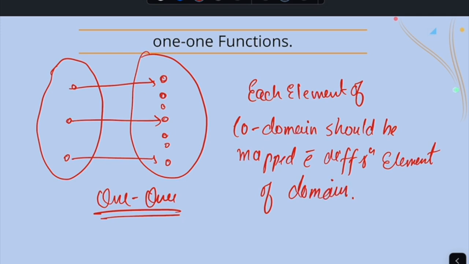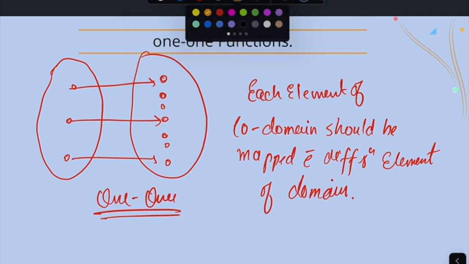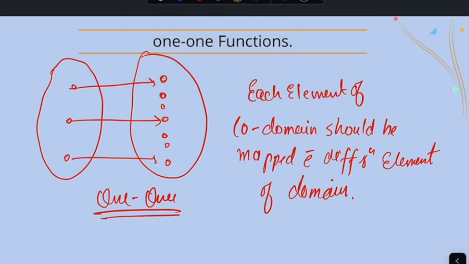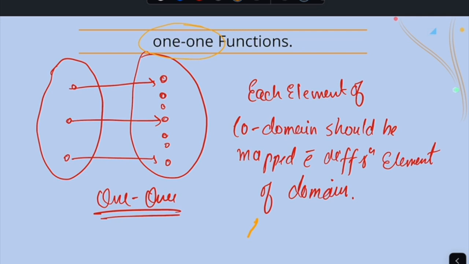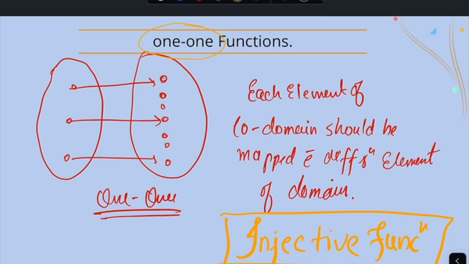This is a one-one function. In questions, they don't generally write one-one functions. They will write injective function. One-one functions are also known as injective functions, so don't get confused.